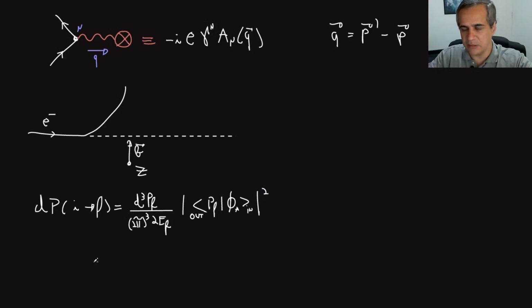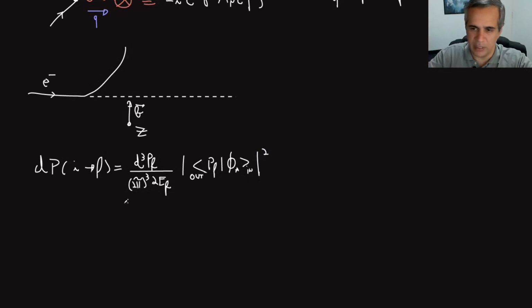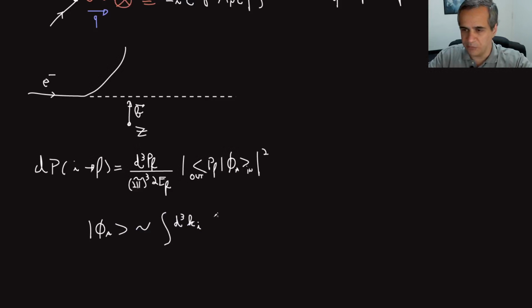This wave packet will, as we did before, be characterized by some normalizations times the integral in the initial momentum of some phi of k_i times eigenstates of momentum. And this is what gives the shape of this wave packet. This function can be chosen to give different wave packets.